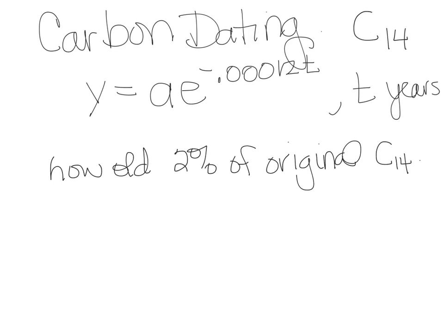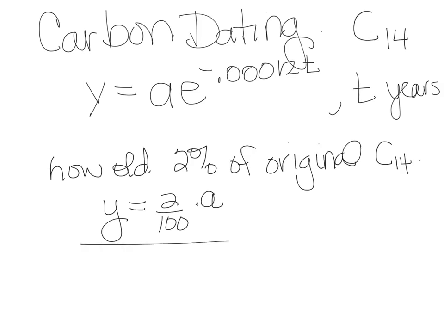So what you're going to do, and we're going to use the 2% is now present in the sample. So now present, the y is equal to 2%, 2 over 100, times the original a. Okay, so that's interpreting 2% remains of the original. So let's use this as a substitution into the original equation, okay?